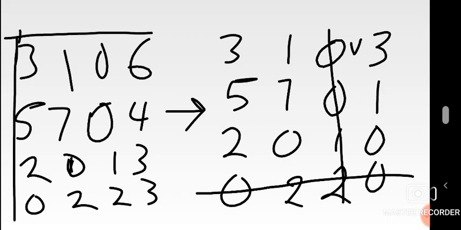I've done the first column. Let's go to the second column. The second column has 1, 7, 0. 1 0 again, which satisfies our condition. You find 1 0, you definitely cross out. When it's column scanning, we use a horizontal line. So look at what I would do again. I'll cross out there.